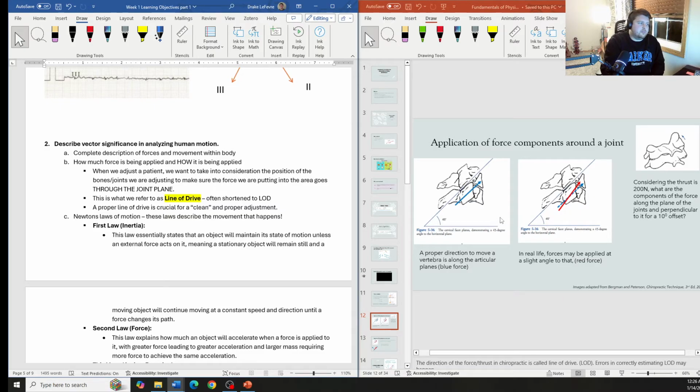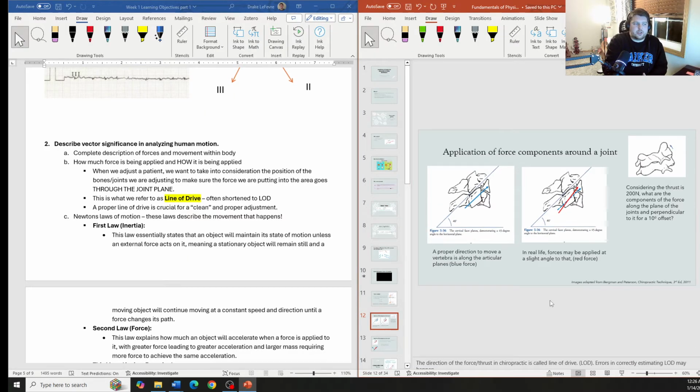You are going to have this beat into you over the course of the program. In all of your adjusting courses, you're going to be made to memorize the lines of drive, but I want you to think about them a little bit more. And this is one thing that's really, really good to practice, especially as you start getting into palpation courses. Eventually, when you come onto campus in person, you learn what joint play is, where you can press on the joint and feel where, okay, this angle kind of catches, but switch up the angle a little bit, and this joint is nice and soft and spongy and moves nicely.